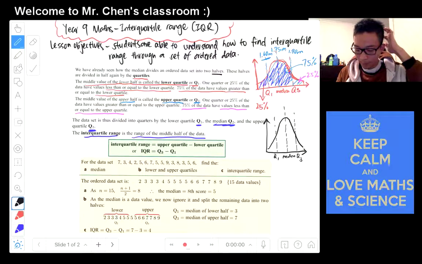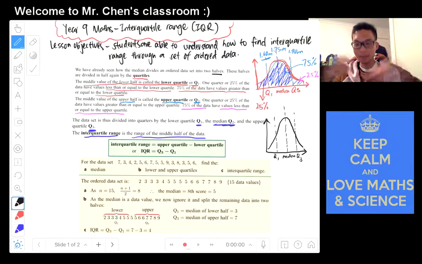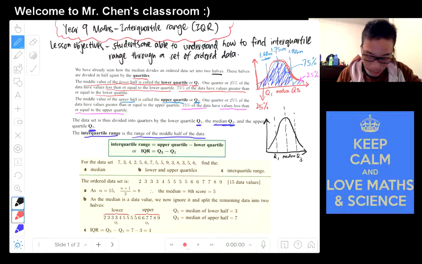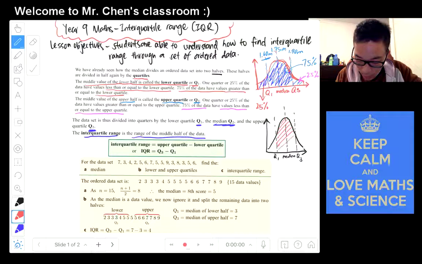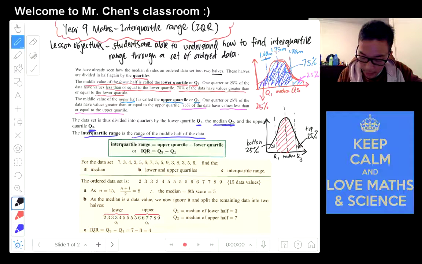Anything above Q3 is the top 25%. I'm going to use a different color so it doesn't confuse you. That's the top 25%, that is the bottom 25%. What that leaves you is in here.